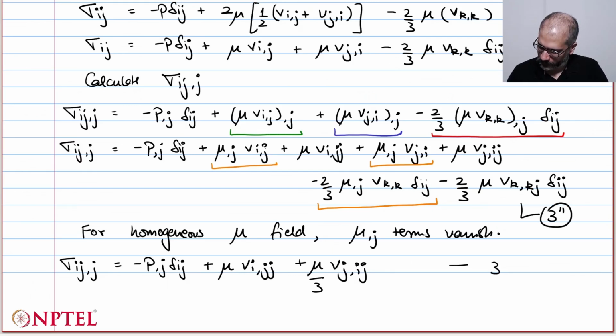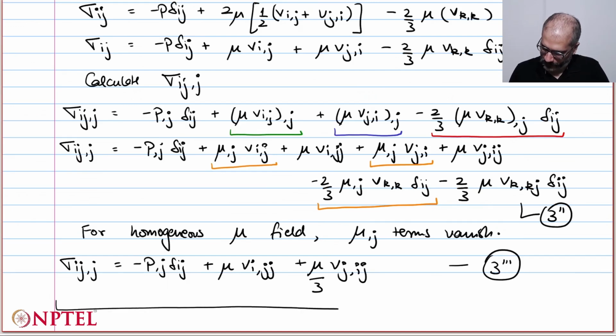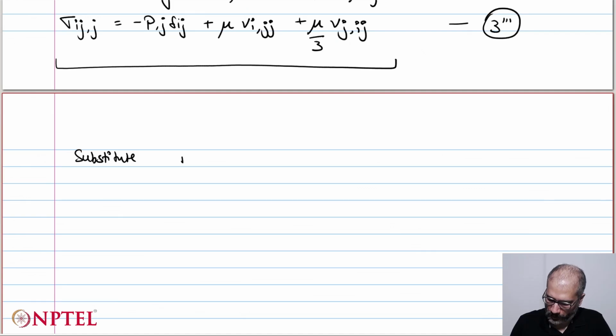So let's call this 3 triple prime. So this has given us the expression for sigma ij comma j, which can now be substituted into our momentum equation. So we substitute sigma ij comma j into the momentum equation.